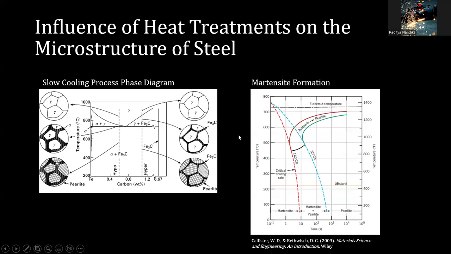And martensite itself, on the other hand, forms through rapid quenching, bypassing the gradual transformation and resulting in a rigid structure, and this type is ideal for high strength applications. So the one with the critical cooling rate will result in a martensite structure with the mentioned characteristics.